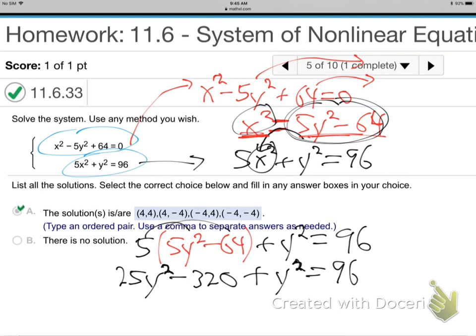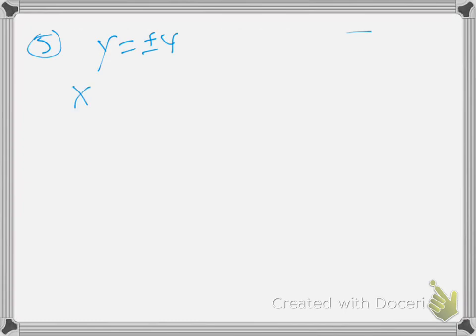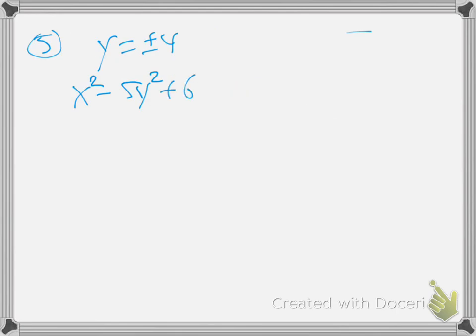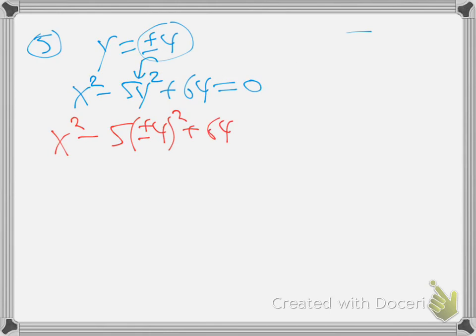So I'll just do the top one. What is it? x squared minus 5y squared plus 64 equals 0. So take plus or minus 4, both of them at the same time, and plug in there. And you get x squared minus 5 times plus or minus 4 squared.